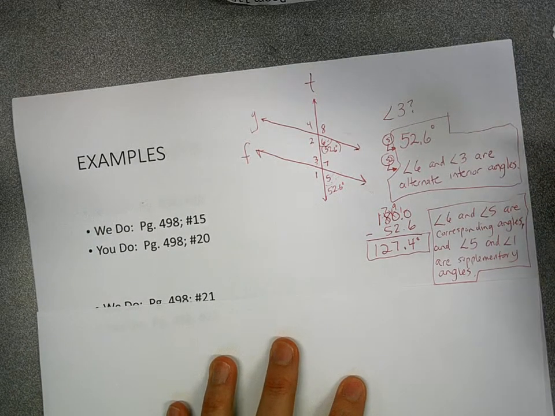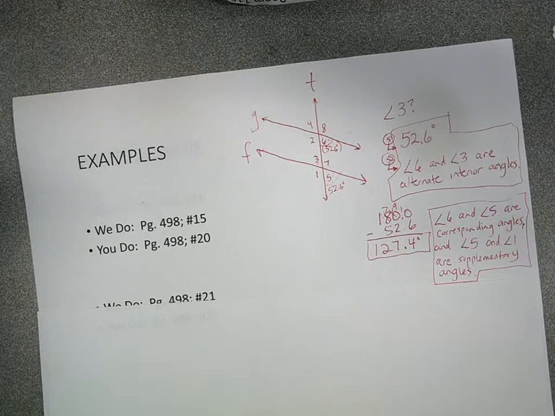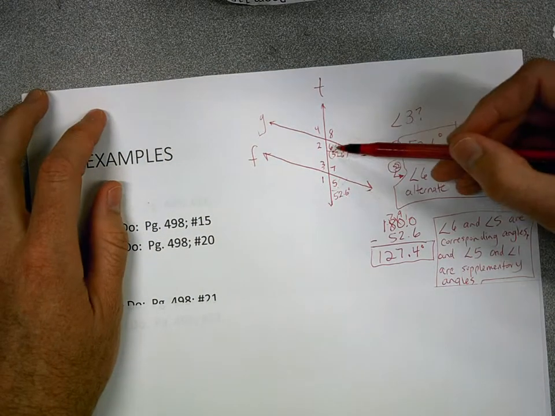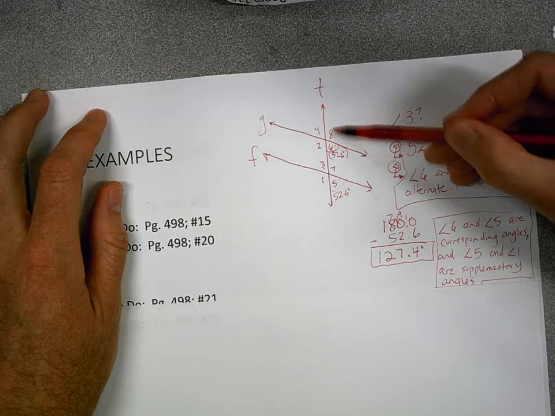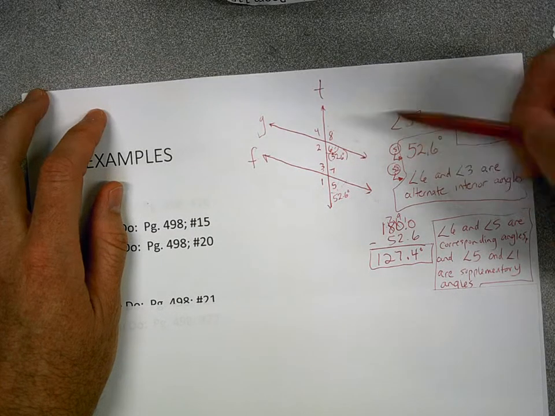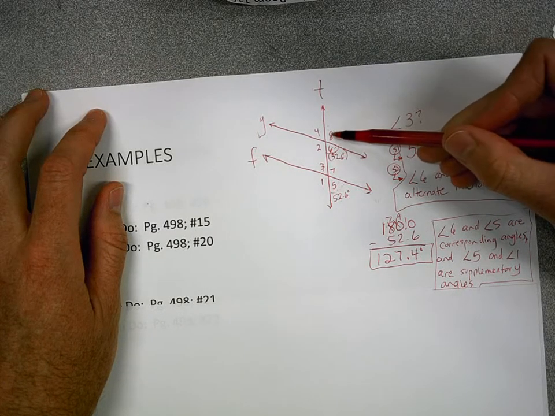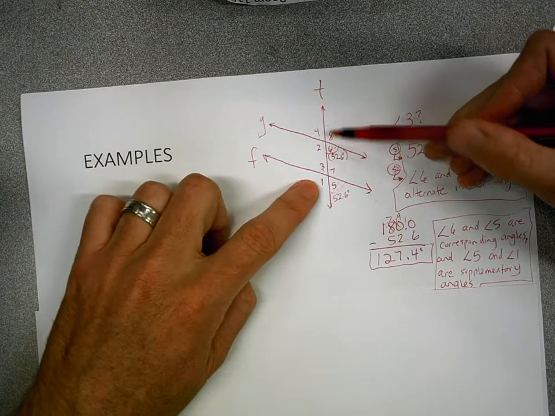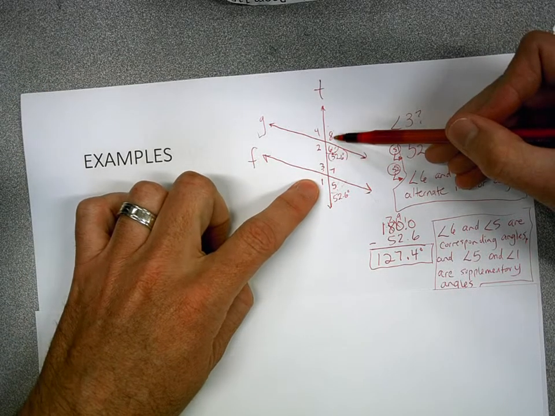And there we go. I don't know if any of you have done it this way, but you could have started with angle 6 and angle 8 being supplementary, and found that angle 8 was 127.4 degrees, and then realized angle 1 and angle 8 are alternate exterior angles, which means they're congruent.